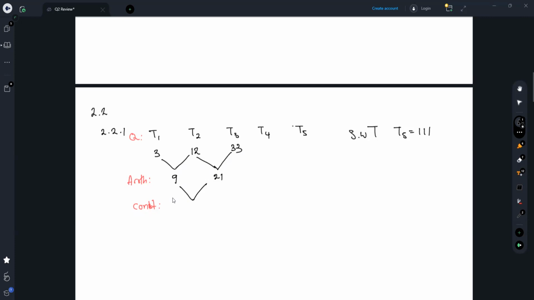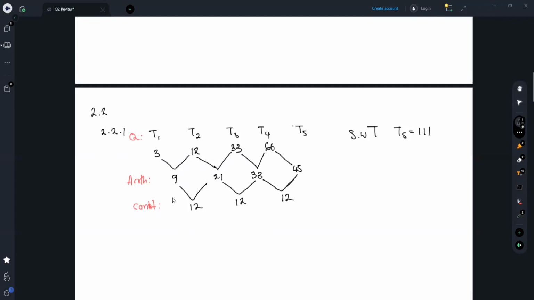So 21 minus 9 should give you 12. So we'll be adding 12 to get the next value. So 21 plus 12 again, we get 33. And now you can say 33 plus 33 to get the next one, which would be 66. And then you add another 12 down here, and that should give you a value of 45.